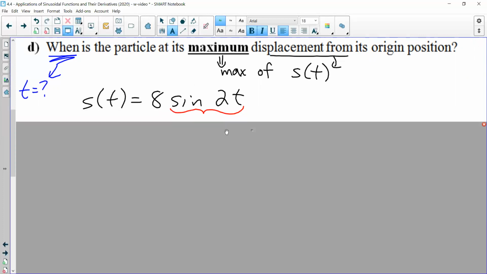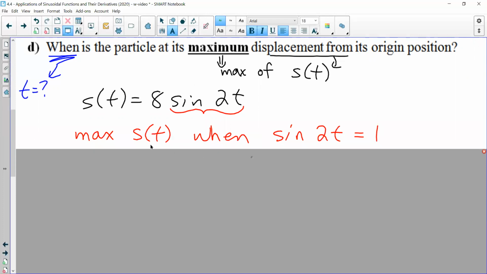But one more time, as we did before, you have to remember something with trig functions. Your maximums for trig functions in here will occur when this portion is equal to 1, because that's the maximum value for sine. All right, if you think of your calculator, regardless of what's here in terms of the angle, the largest number you're ever going to get for a sine is 1.